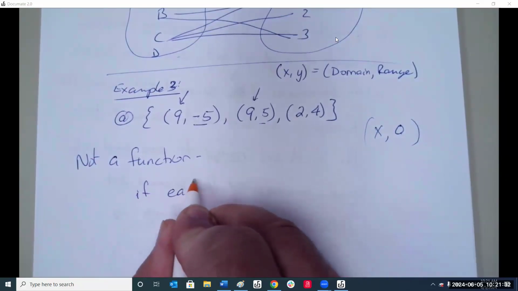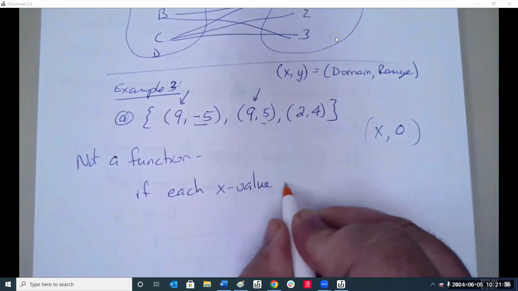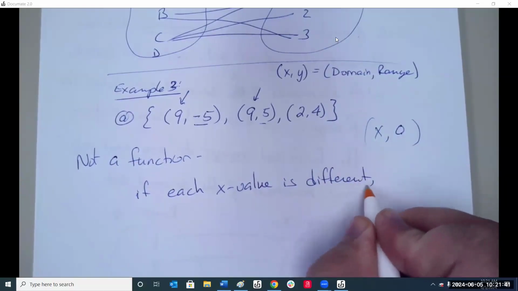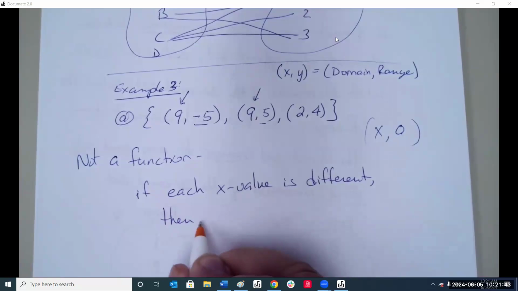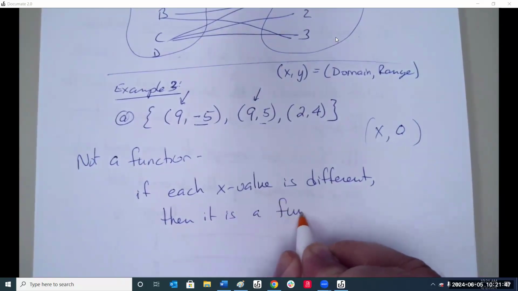If each X value is different, then it is a function.